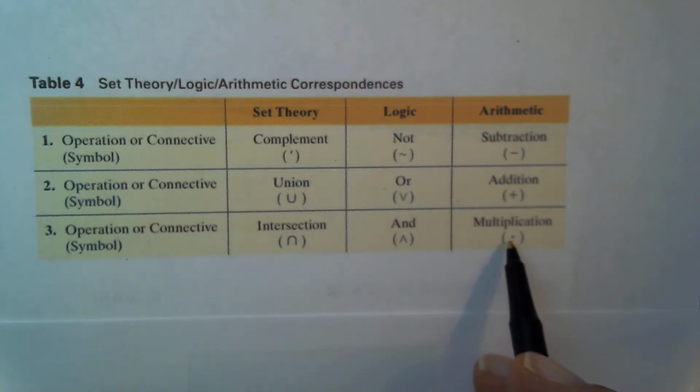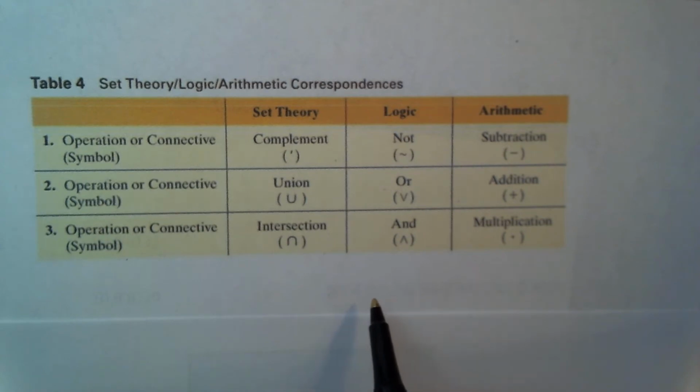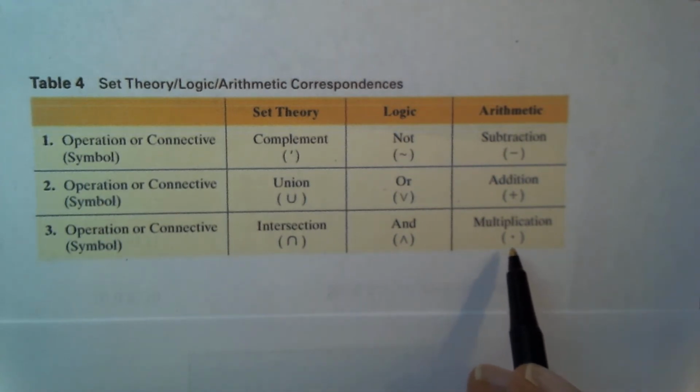We just have to be careful that in many cases multiplication is implied. If we write something like 3x, it means 3 times x, and we typically leave out the multiplication symbol. So that can be implied, so you've got to be careful with that.